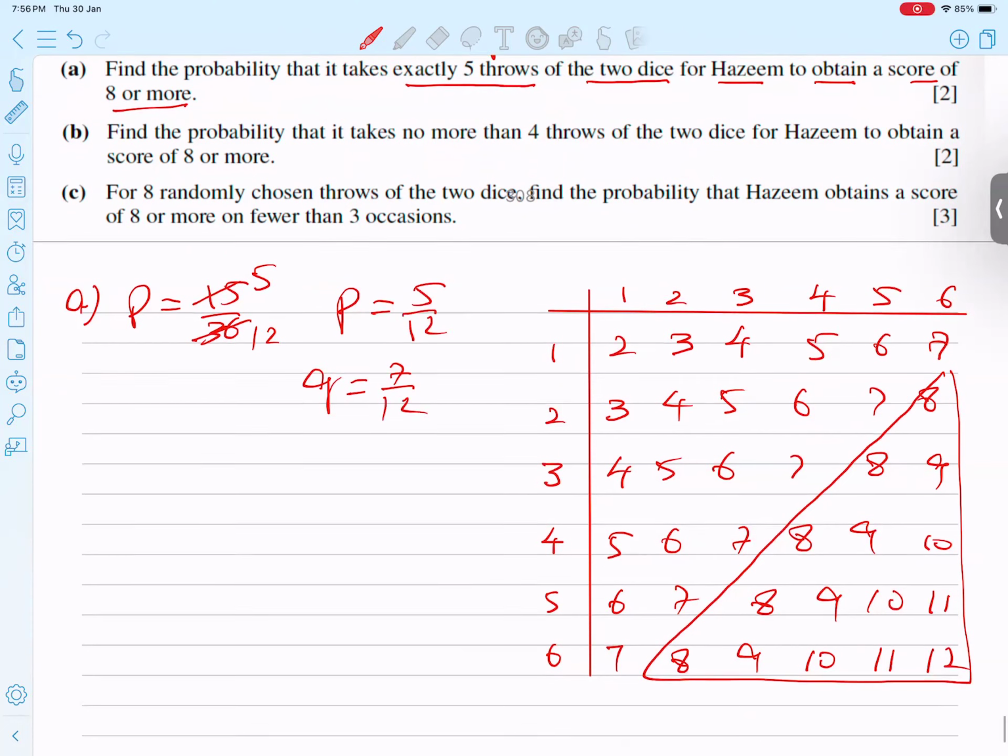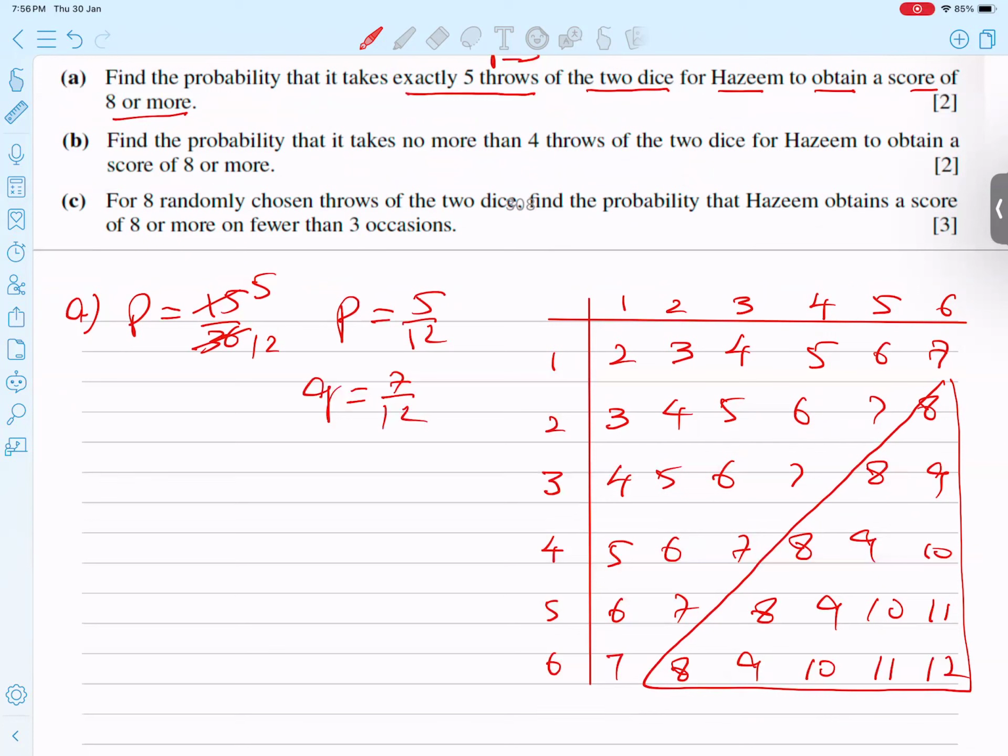And what he said is that exactly 5 throws we have to get this score. He did not mention n, so this behaves as a geometrical probability, and we have a special formula for it. P(X = R) equals q to the power R minus 1 times p. And I plug in R as 5, because he said exactly 5 throws.